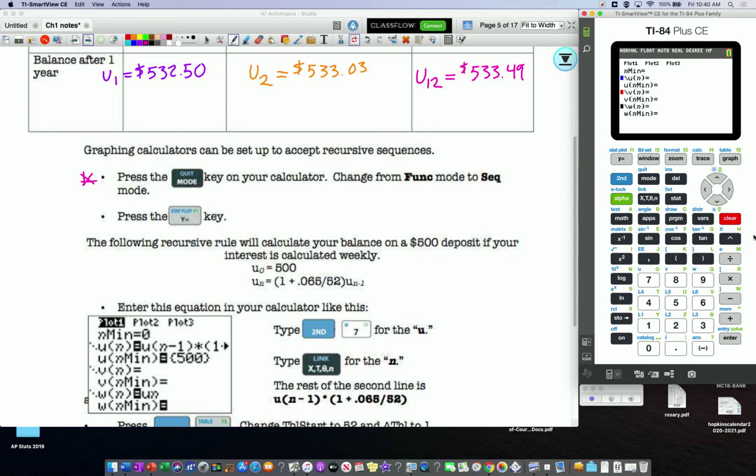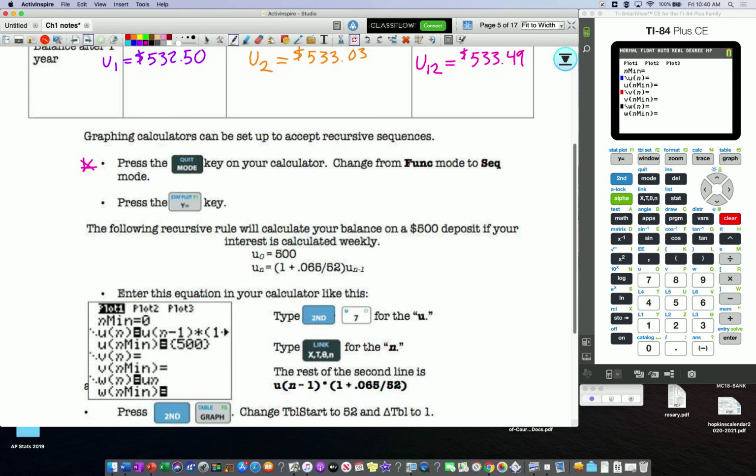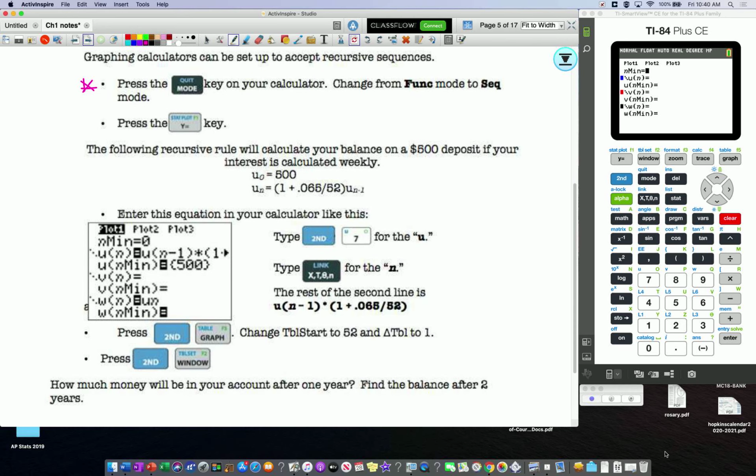Oh, it does. Okay? So now, here's the thing on how recursive definitions work in your calculator. We're going to work with this specific problem here. It says the following recursive rule will calculate your balance on a $500 deposit with interest in your calculator weekly. So if we think about weekly, remember there's 52 weeks in a year.